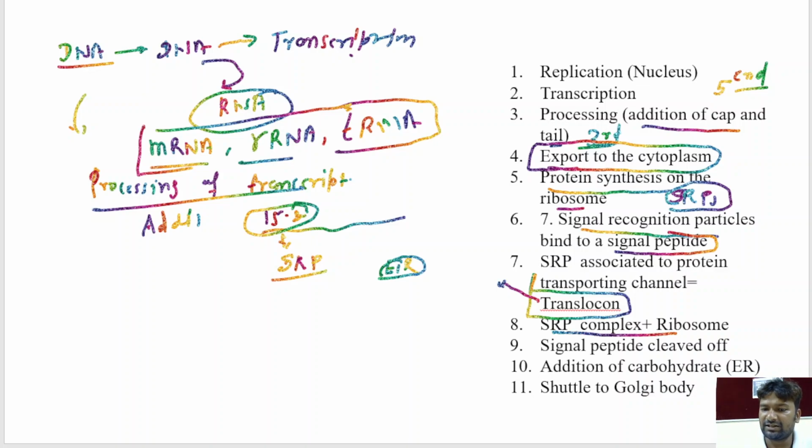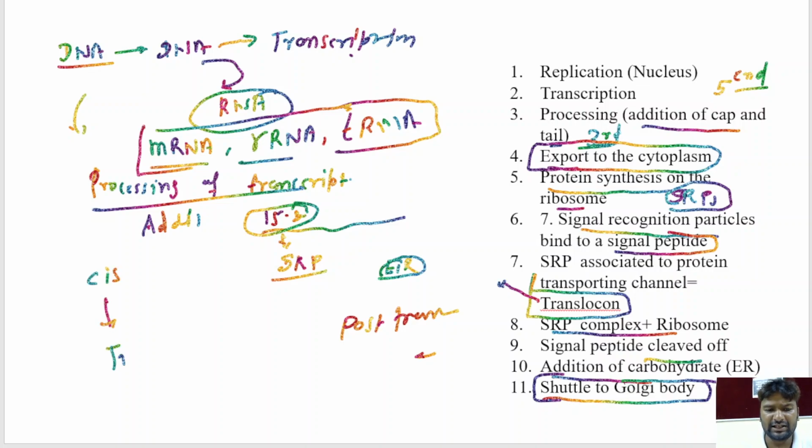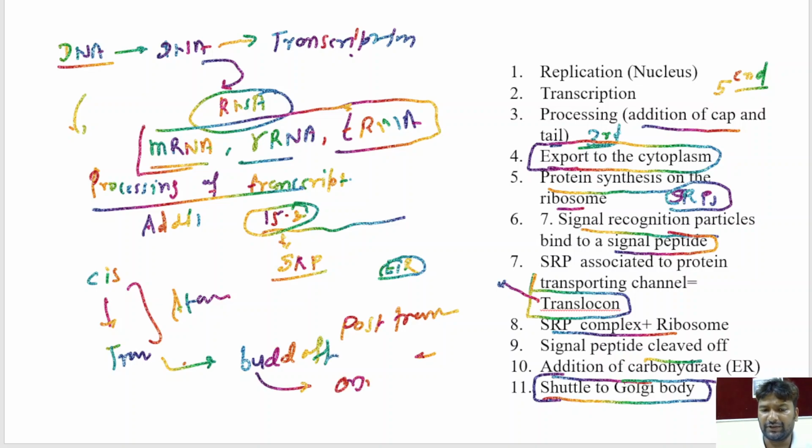Then these signal peptides are cleaved out, and then the process of post translational modification occurs, in which carbohydrates are added, and later on this post translational product moves to the Golgi body from the cis side to the trans side, which is anterograde movement, and is destined for the organelles. So this is the second process of protein targeting.